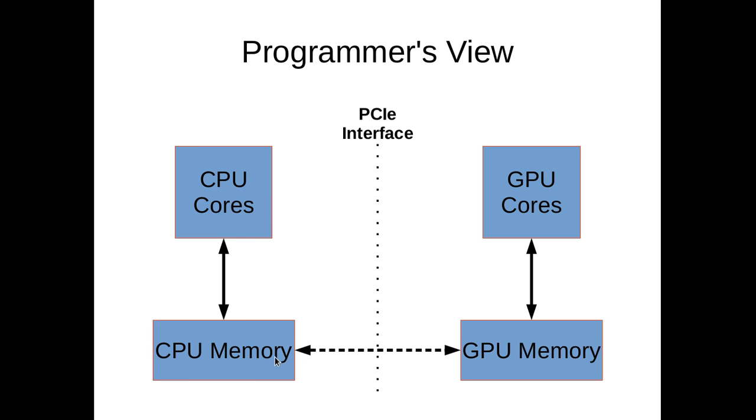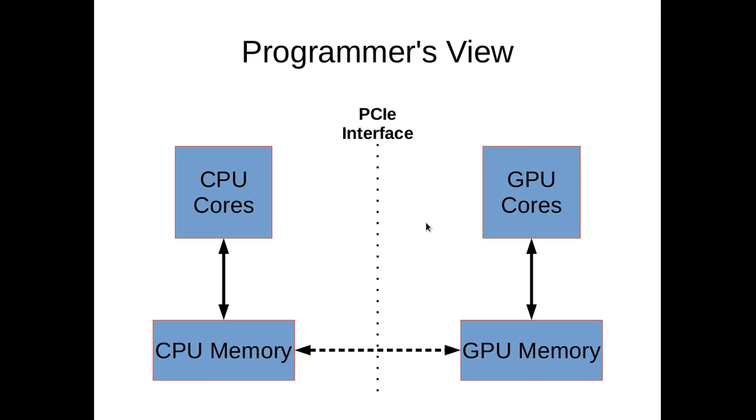Whenever I allocate some arrays or structures, I allocate them in CPU memory. My CPU cores will access the data, modify the data, print the data, or store the data to my hard disk. Of course there are other hardware features such as registers and caches, but those are invisible to the programmer. So as a programmer, what I see is my CPU and my CPU memory.